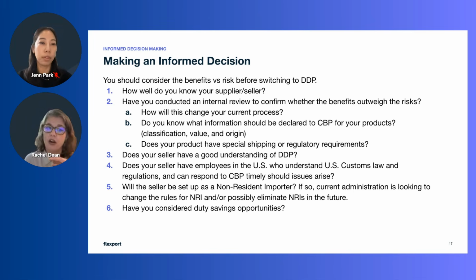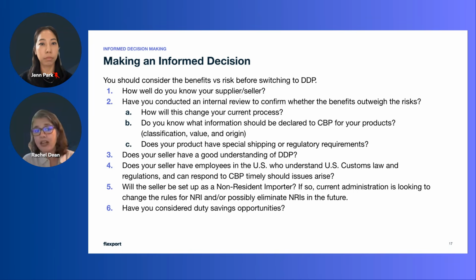And some of these changes in our current environment are happening very quickly. We'll get an announcement for Section 232, and then a couple days later, it'll be applied to your imports. Are they capable of dealing with that? If your seller is set up as a non-resident importer, are they already acting as an importer of record in the United States?